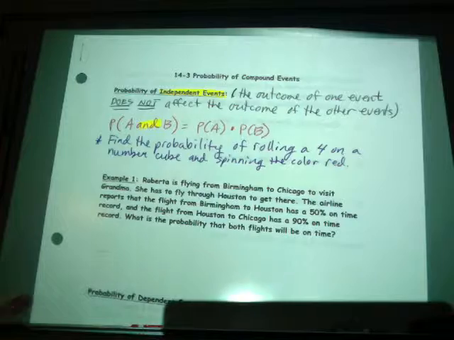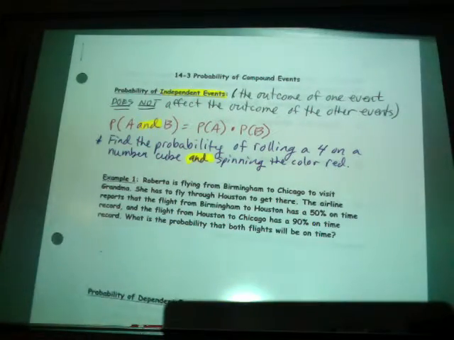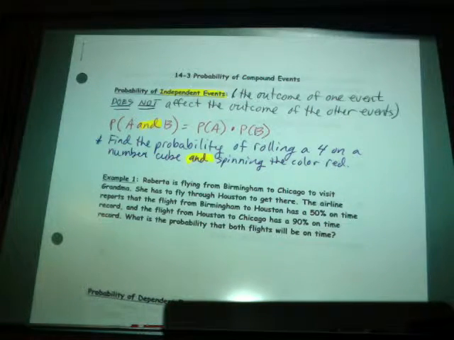So here's your important word "and." And is separating those separate events. So one event is rolling a 4. The other event is spinning the color red. So you'd find each of those separate probabilities and multiply them together.